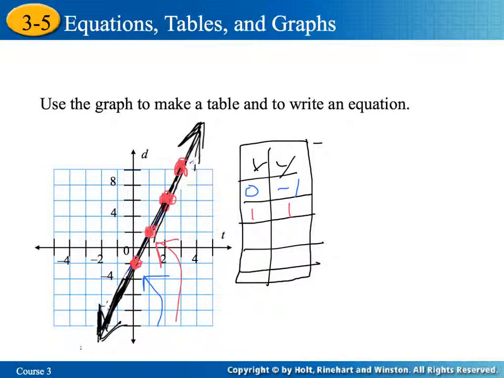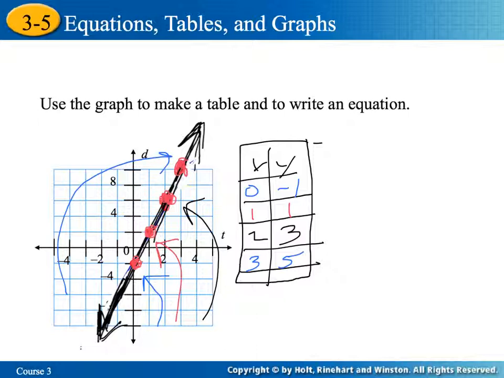Next one: my x is 2, my y is 3. Next one, which is at the very top: my x is 3. My y is 5. So I came up with my table, and all my table was my points.